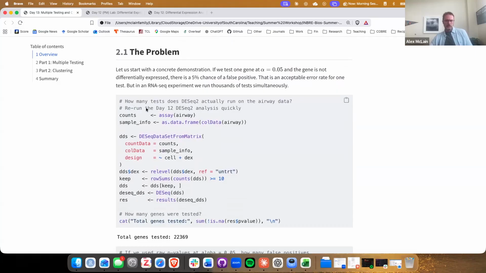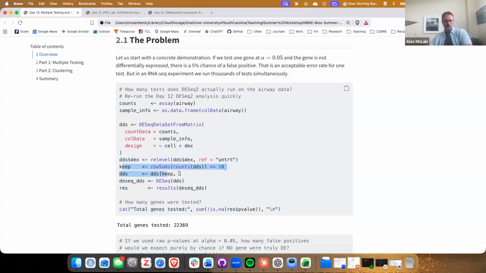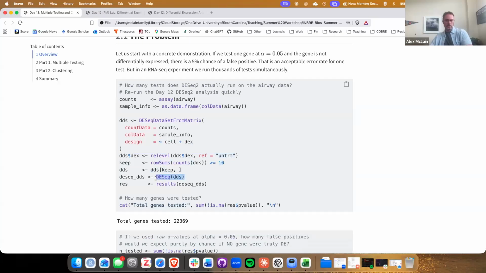Here I'm loading in the airway data set and creating a DESeq object with the counts, the sample info, the design matrix, and then setting the reference level for treatment so that the log2 fold changes will be in the way that we want them to be. We are going to filter, so we only keep those that have at least 10 reads over all the samples, run the DESeq, and then get the results.